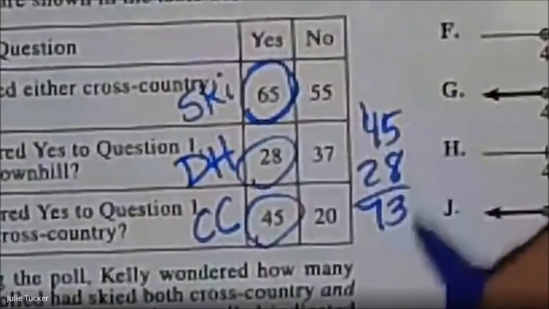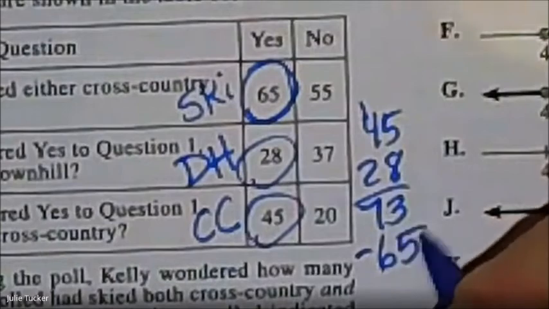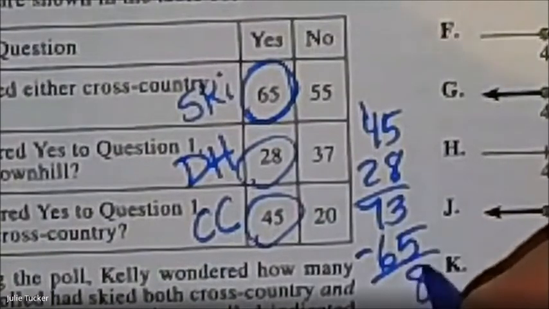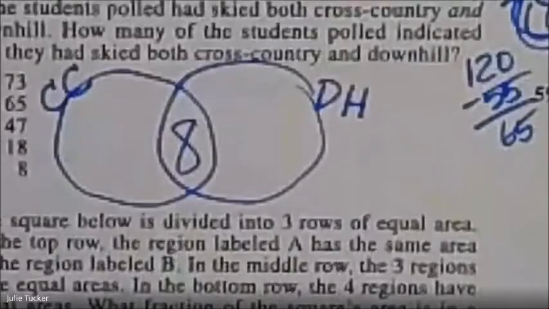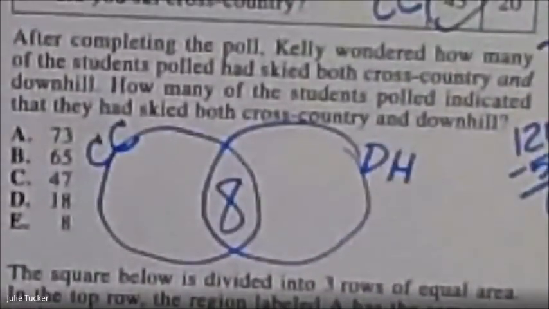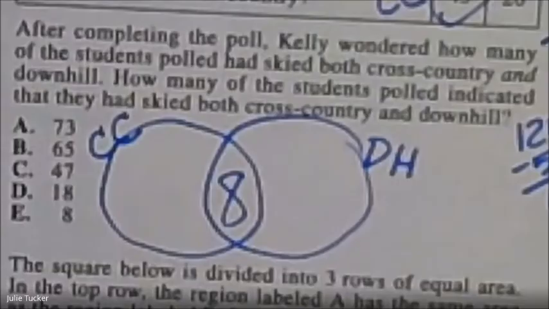I can go 73 minus 65, and I can get 8 has to be how many people are in the middle here. 8 people that did both things. That made it go 8 higher than 65 and all the way up to 73.